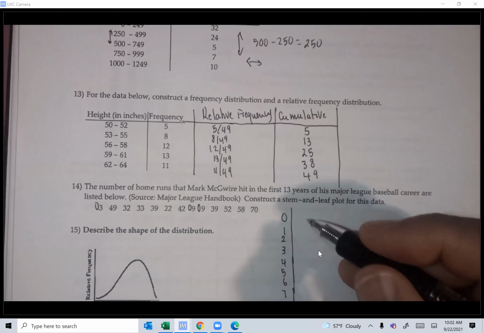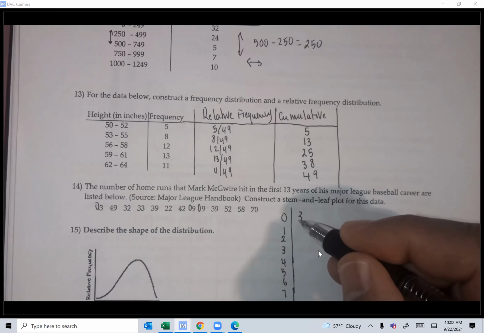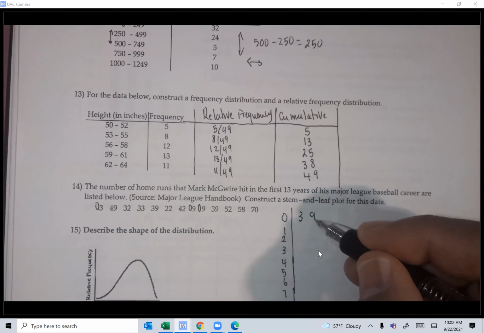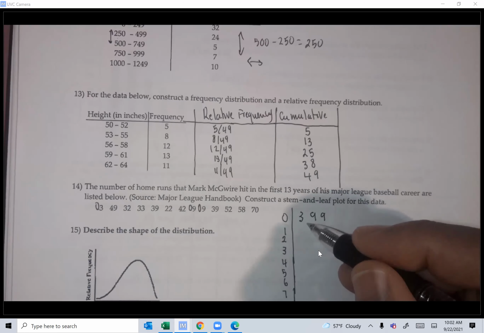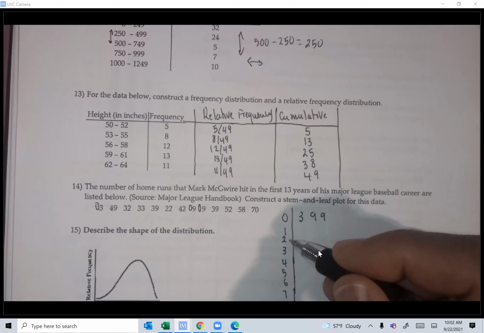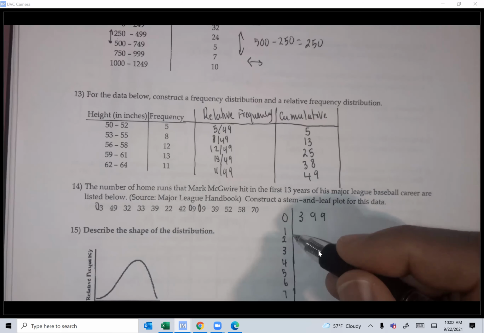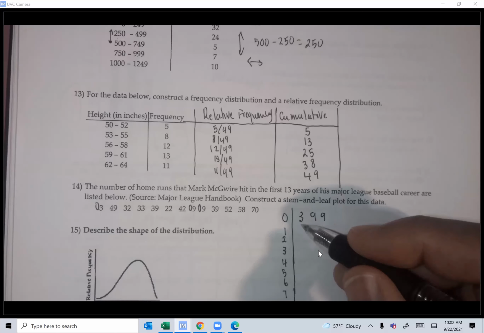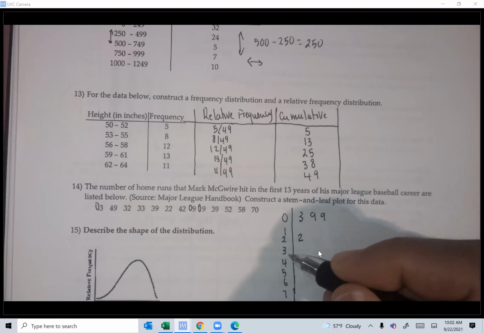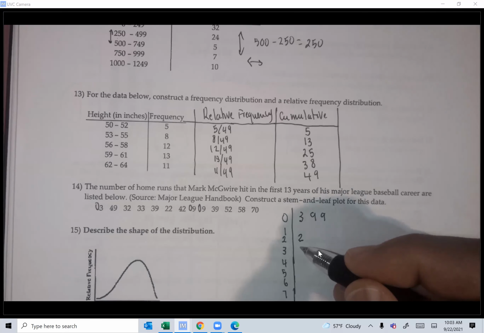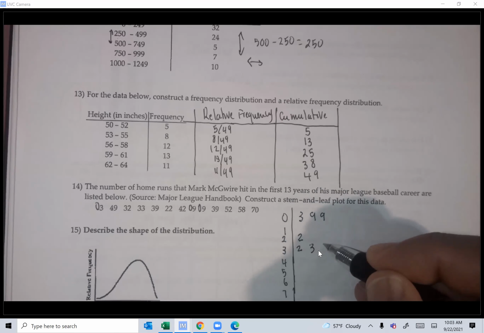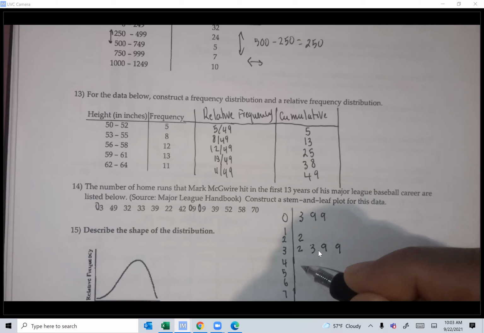Okay, so for the 0, I have a 3, I have a 9, and a 9. Any 1s? No. Any 2s? Yeah, 22. 3, I got 2, 32, 33, 39, 9 again. 4s, I got 1, which is the 9, and a 2.